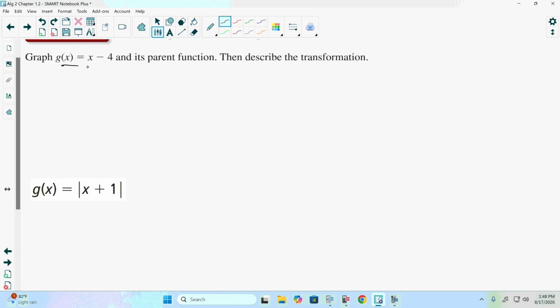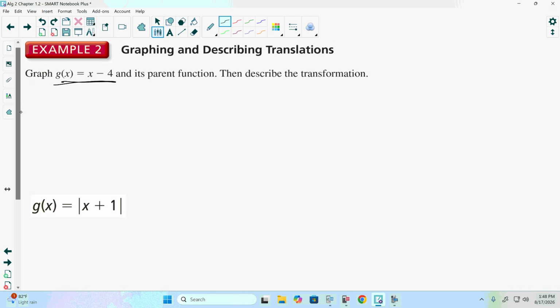So we're looking right here. Say g of x equals x minus 4. Example 2. Graph g of x equals x minus 4 in its parent function, then describe the transformation.